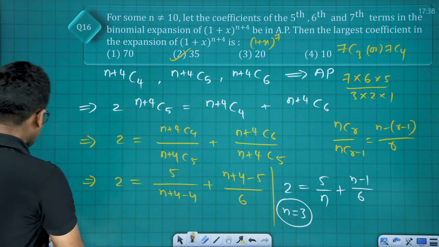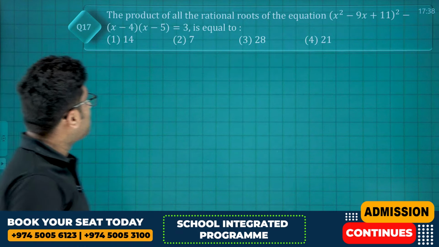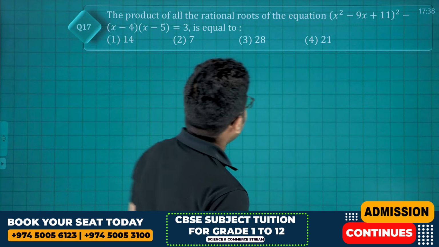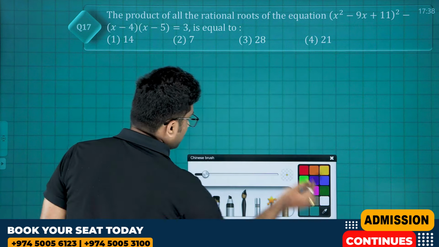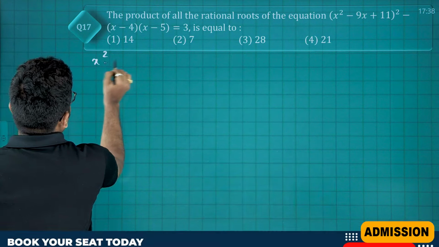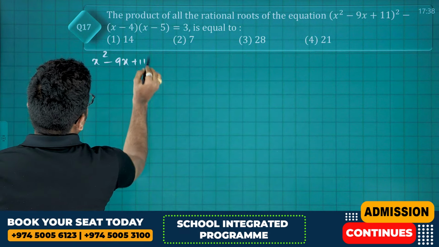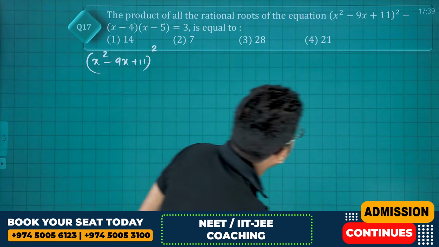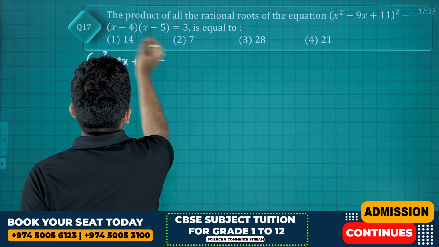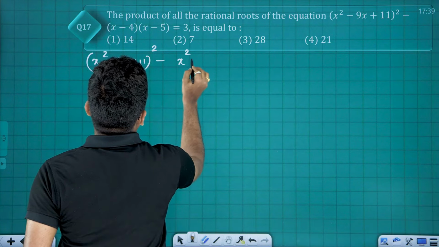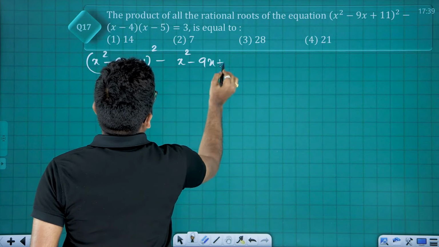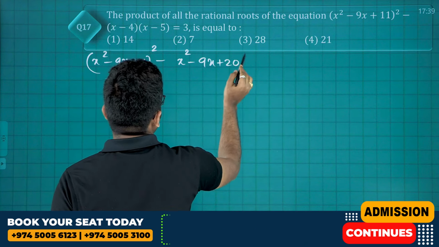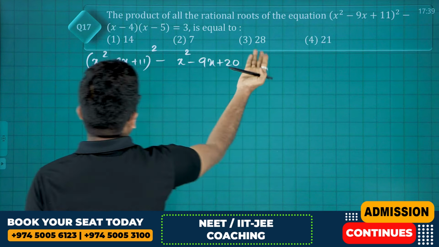Clear? Next question. The product of all the rational roots of the equation x square minus 9x plus 11 whole square, plus minus x minus 4 into x minus 5, is x square minus 9x plus 5 4s are 20 minus 3.